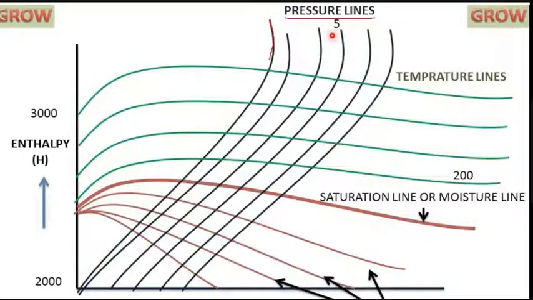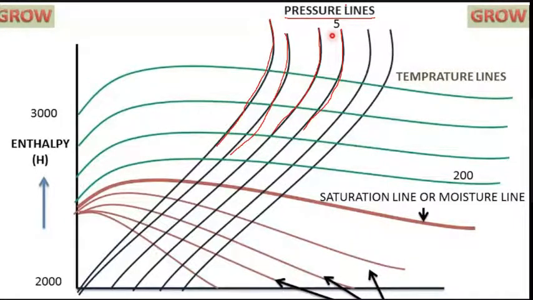This curve is called the constant pressure curve. If you are picking a point with the help of pressure, you have to use this curve. So if you pick a point based on pressure, you have to see this curve in the Mollier chart.